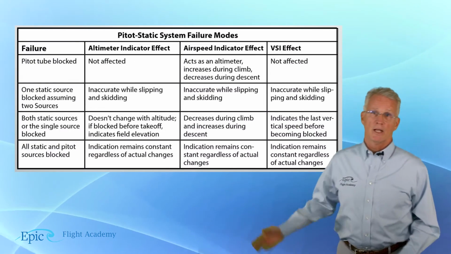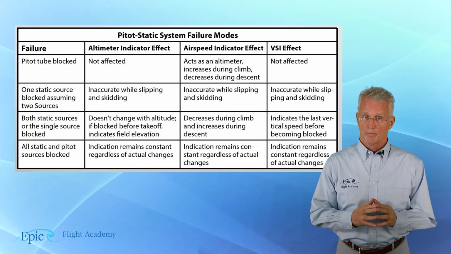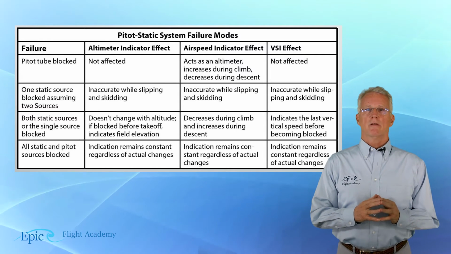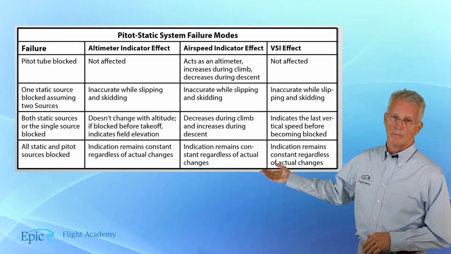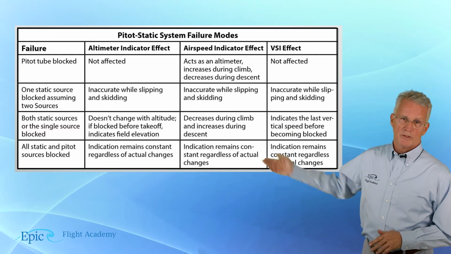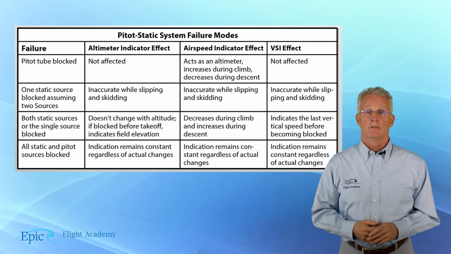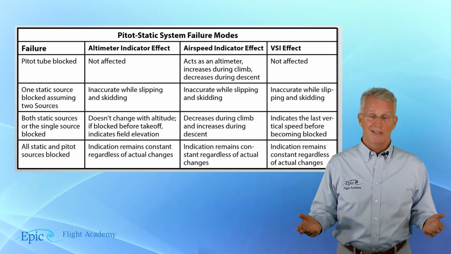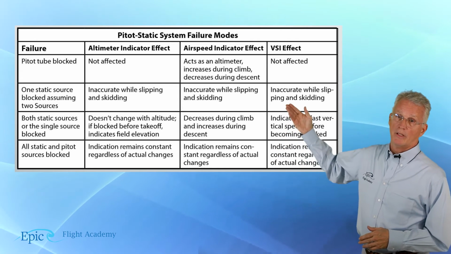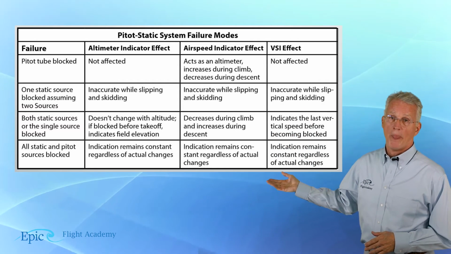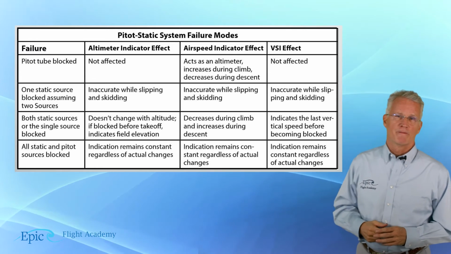Now, notice in the left-hand column, it talks about the failure. So let's just say, for example, the pitot tube itself were blocked. And we can see what effect would it have on the altimeter? Well, none. The altimeter doesn't use pitot tube input. What effect would it have on the airspeed indicator? Now it would have some effect.